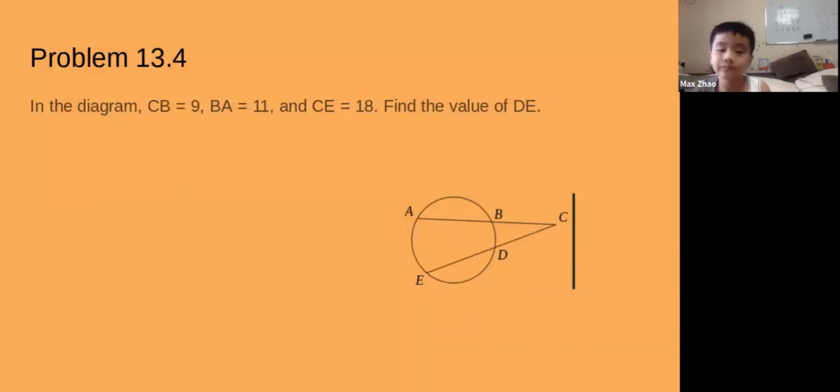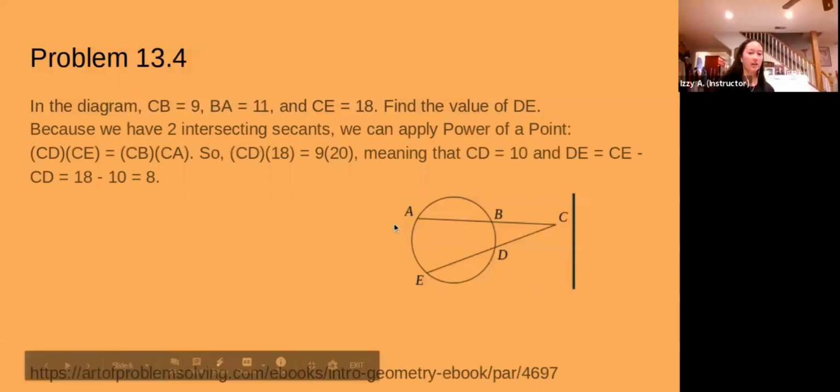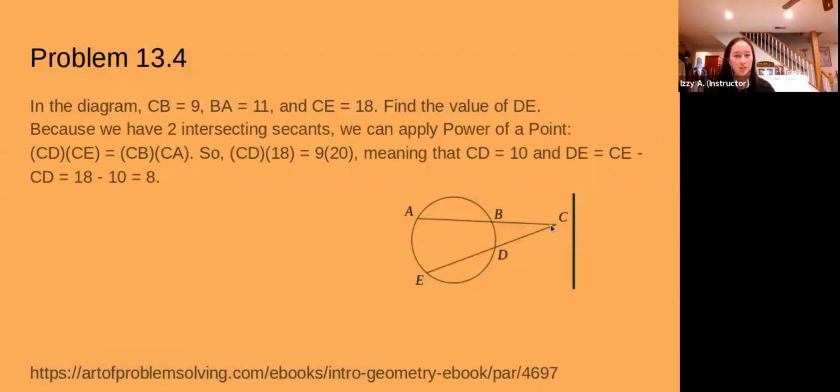Okay, here, let me just pull up the answer. Because we have two intersecting secants, we can apply power of a point. So in this case, CD times CE is going to be equal to CB times CA. If you plug numbers in, you get CD times 18 is equal to 9 times 20, meaning that CD is equal to 10, and DE would be CE minus CD.